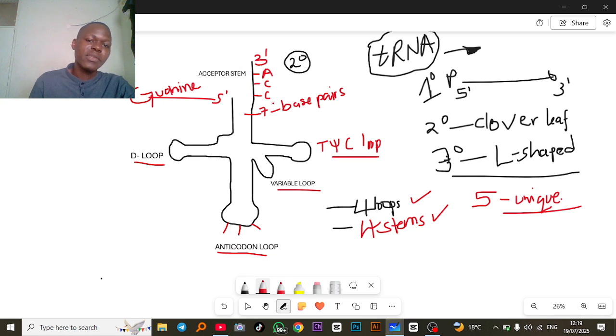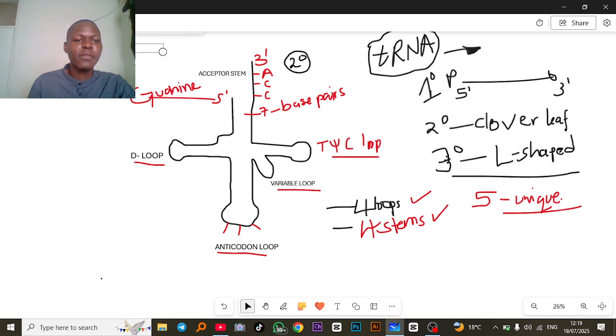And what's the importance of this acceptor stem? The acceptor stem is where we shall have our amino acid added to this 3' end. It's where the amino acid is added by an enzyme which we call the aminoacyl tRNA synthetase.